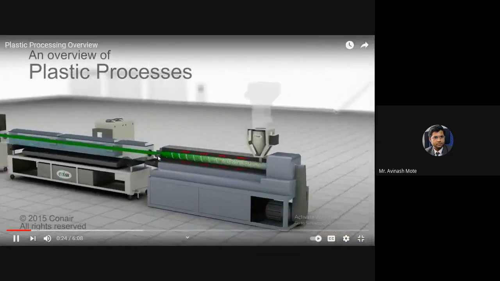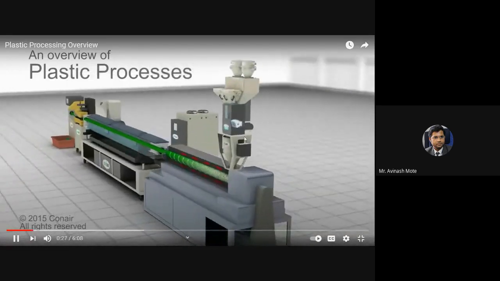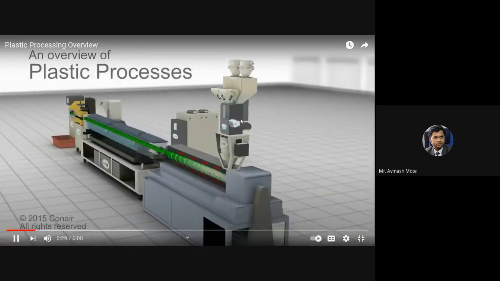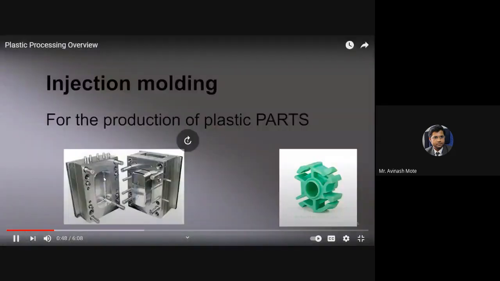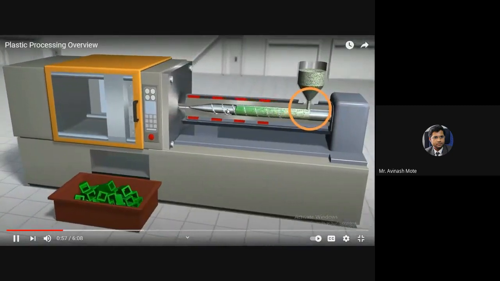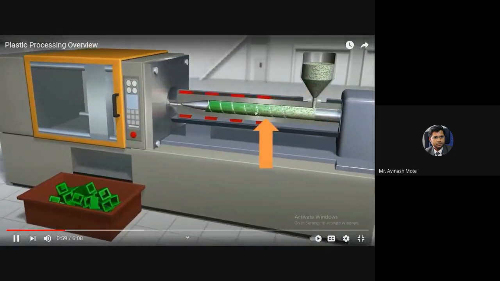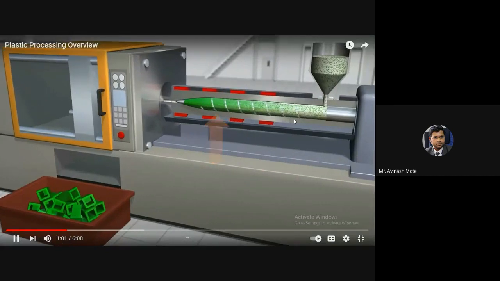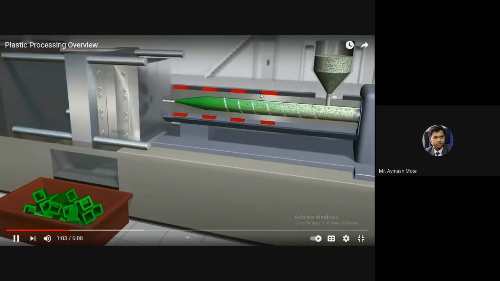First of all, let's see the overview of this feeding mechanism, and then specifically we'll see the feeding part. This is simply the ejection mechanism. This is simply the raw material feeding mechanism. There is a barrel, and this is the spiral rod. See, this is how the mechanism is. And these red colored parts are the heating system.